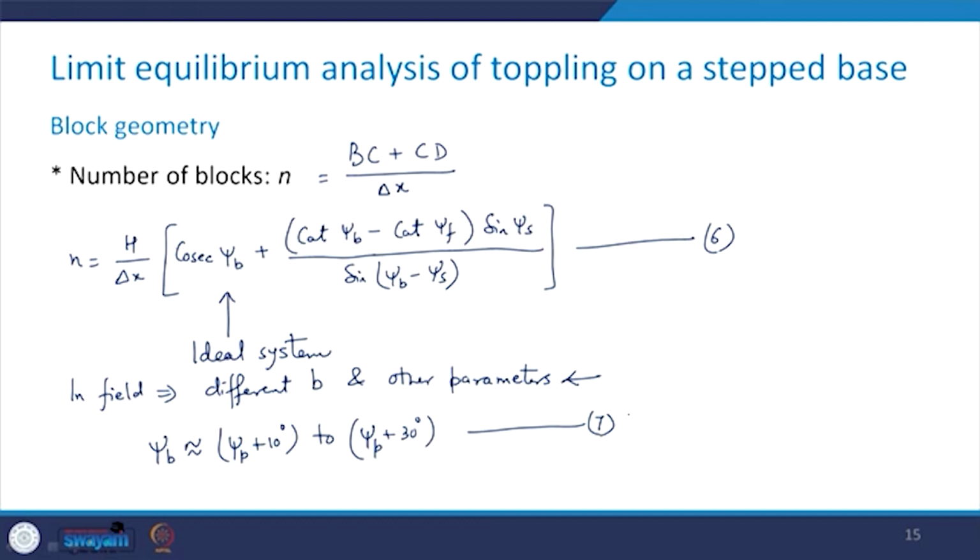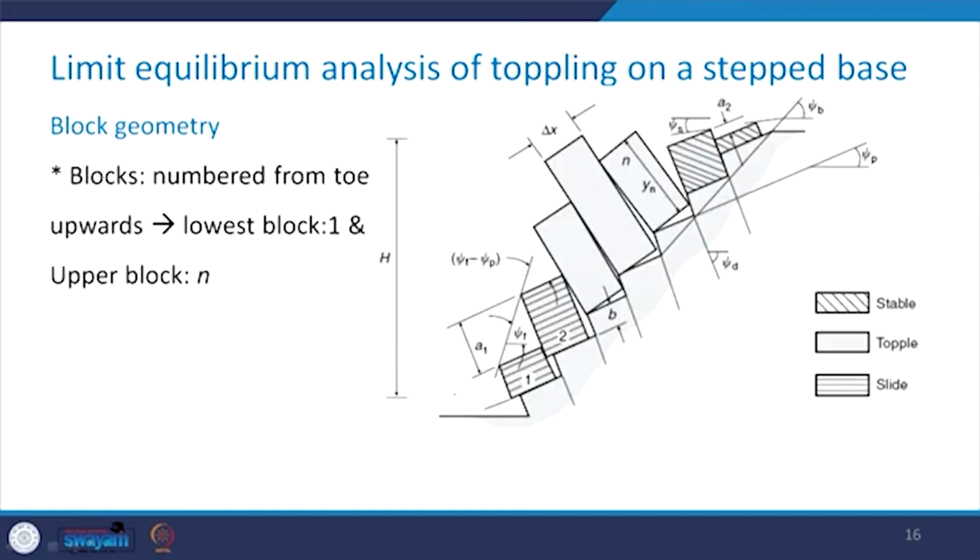So, this is how one can consider the number of blocks for the ideal system. In the field situation, different conditions can be there, which can also be accounted for, but for the time being we are restricting ourselves to this simple case only.